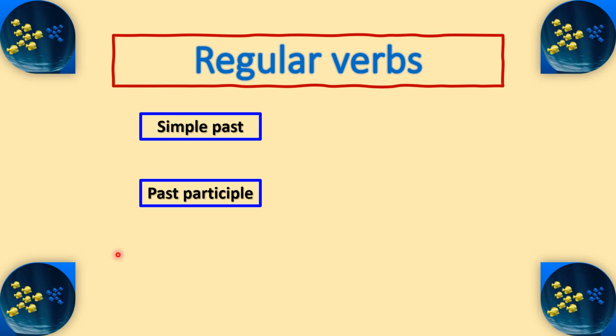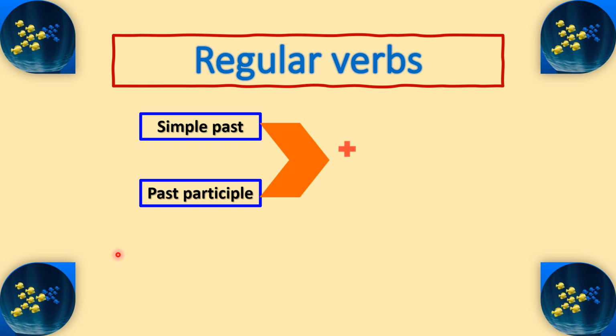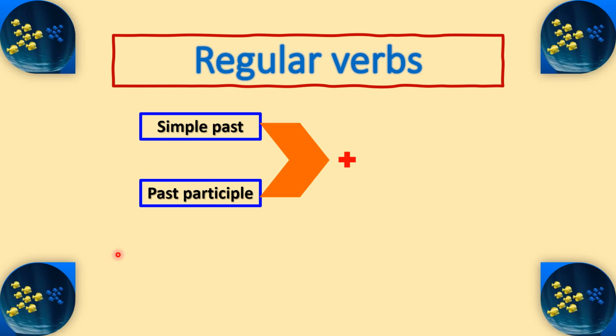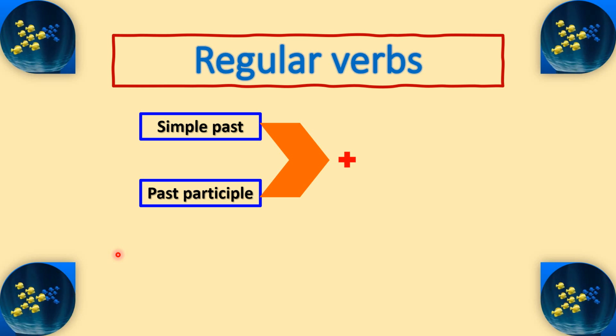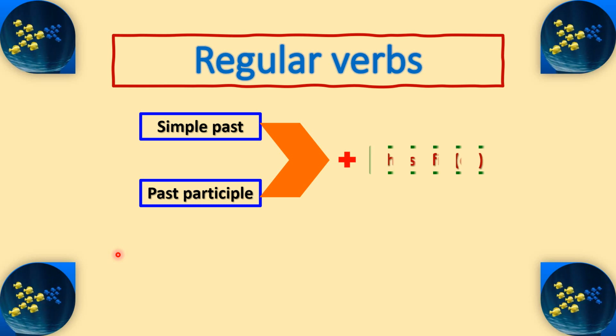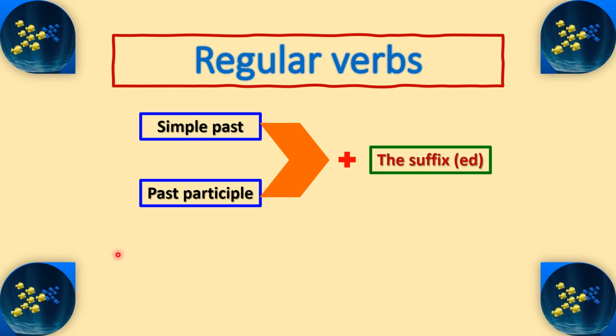Very good. Regular verbs are verbs whose simple past and past participle are formed by adding what? The suffix ed to the end of the verb.